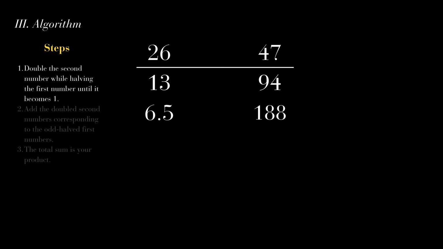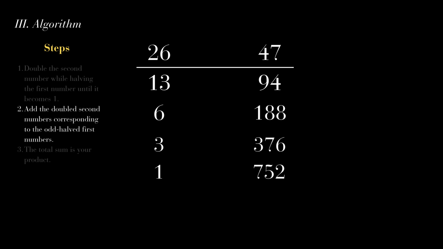And the second number, I want you to double it or multiply it by 2 and get the result, and keep performing the step until you find an odd number on the left, or a number that has a remainder after dividing it over 2. What I want you to do is eliminate this remainder from the number and leave the number as it is. And then keep performing the step until we're left with 1.